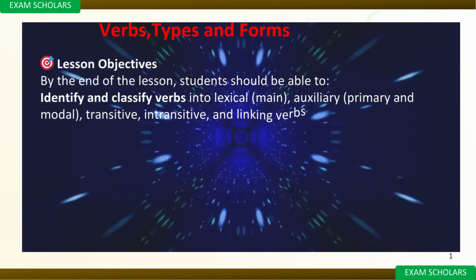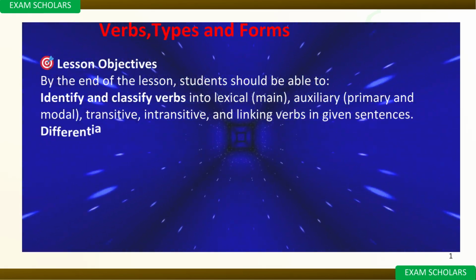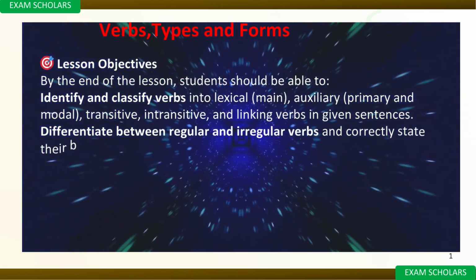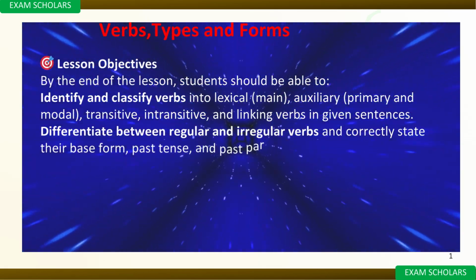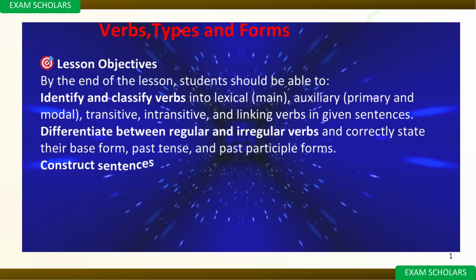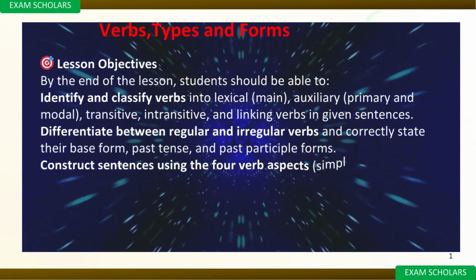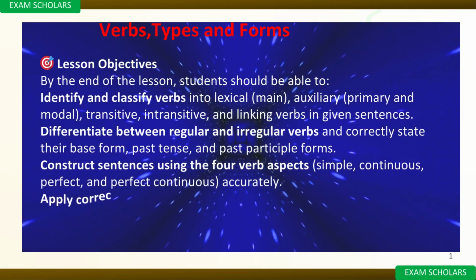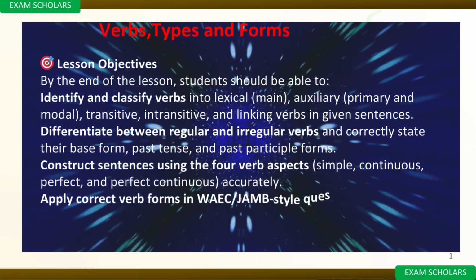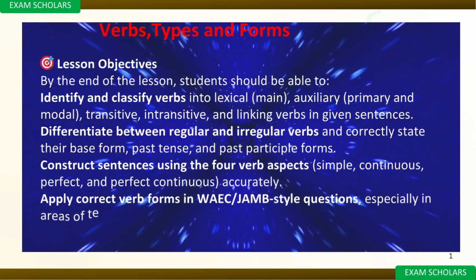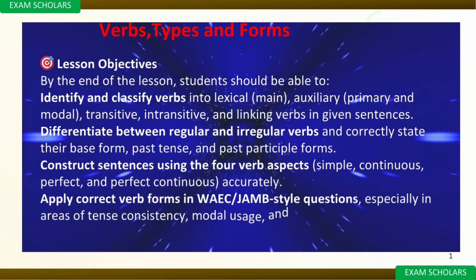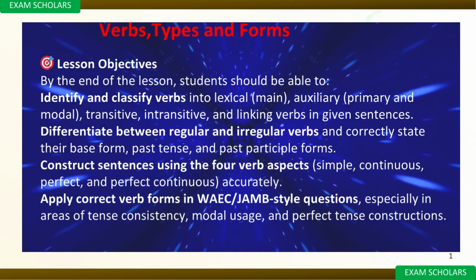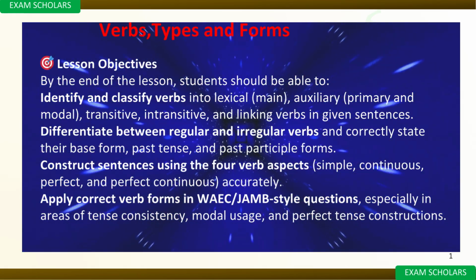Our lesson objectives: by the end of the lesson, students should be able to identify and classify verbs into lexical verbs, main verbs, or auxiliary verbs, transitive, intransitive, and the likes. Students should be able to differentiate between regular and irregular verbs and correctly state their base form, past and past participle forms.